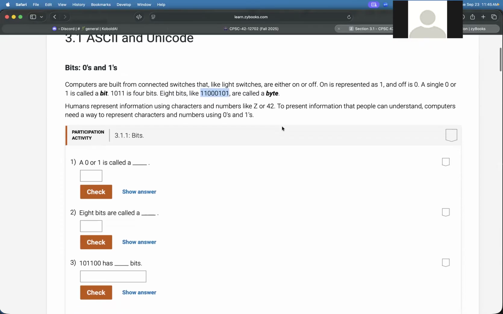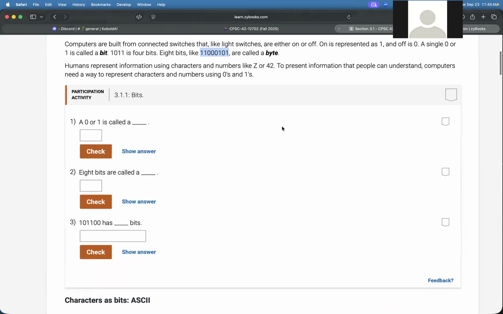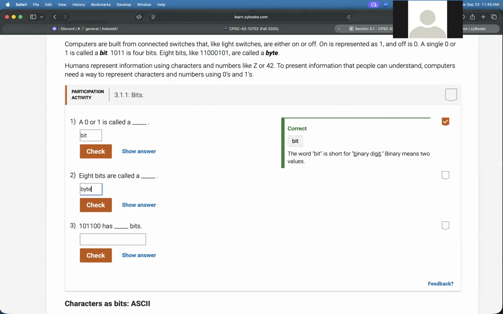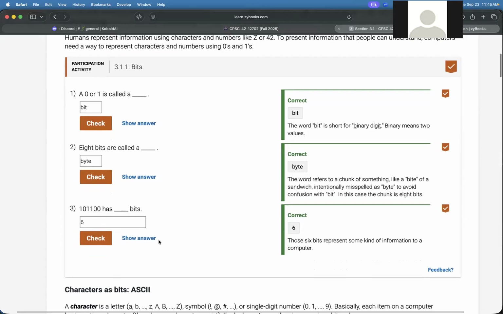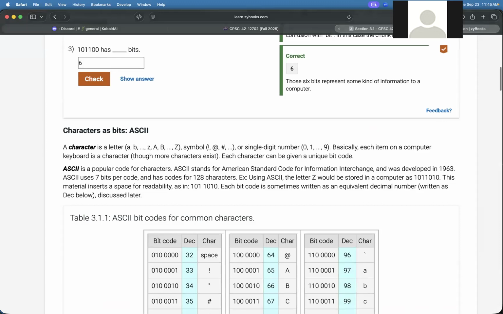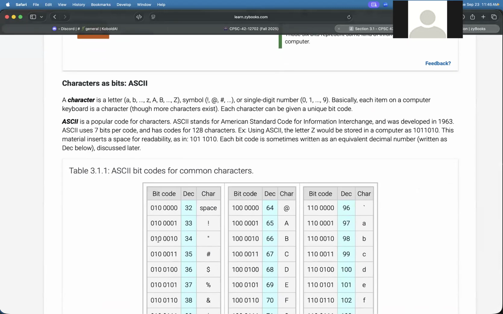This is just terminology, very straightforward. So 0 or 1 is called a bit. 8 bits is a byte. And this has 1, 2, 3, 4, 5, 6. If I can count, 6.